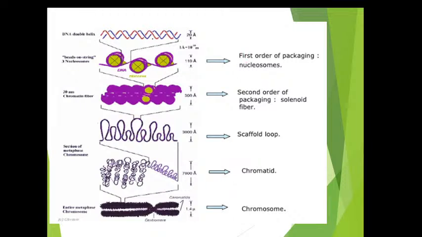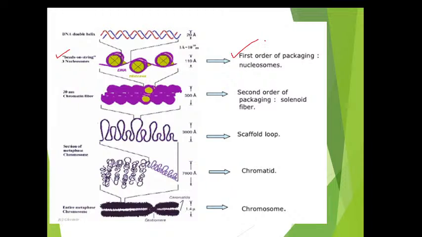Here you can see the DNA is wound around the octamer like beads on a string, and this stage is called the nucleosome. That is the first order of packing of DNA.